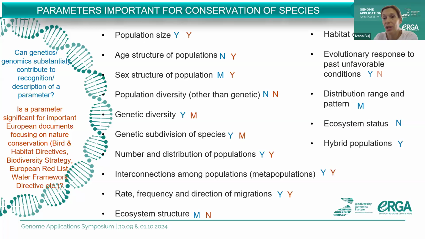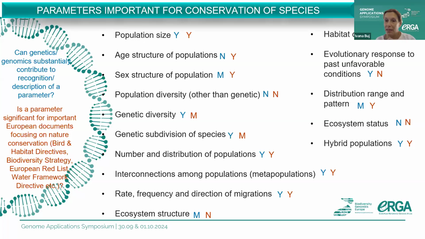I really acknowledge that maybe from the experiences of some of you, you will have different answers, and think that genomics is maybe more important for some parameters that I prefer to estimate using other methodologies. But that is really not so important for what I want to show here, because it is very visible that we do have many parameters that can be efficiently and precisely estimated using genomics, and are important for implementation of these relevant European biodiversity documents.